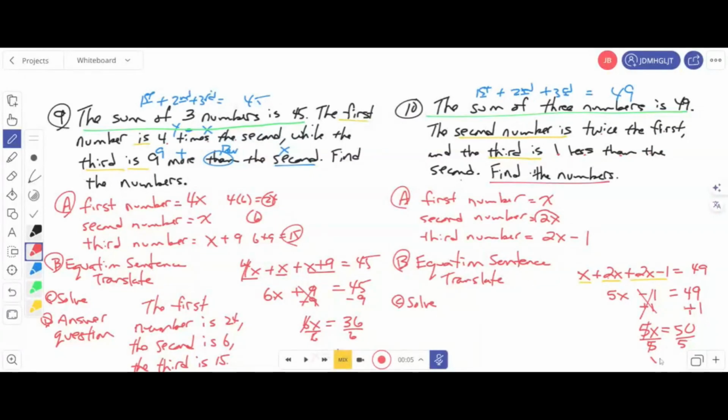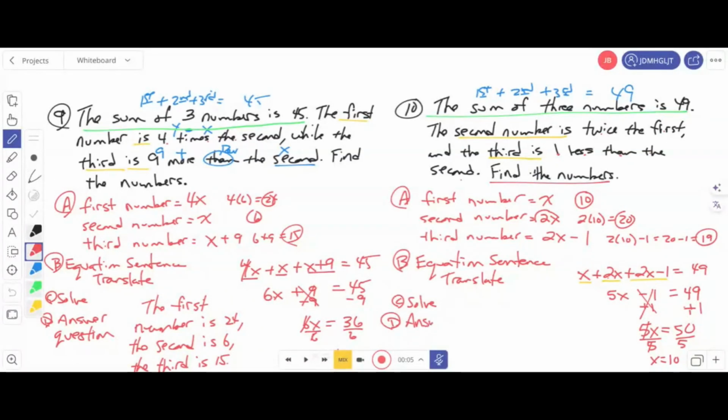The 5's divide out, we're left with x equals 10. So the first number is 10. The second number is 2 times 10, which is 20. And the third number is 2 times 10 minus 1, which is 20 minus 1, which is 19.